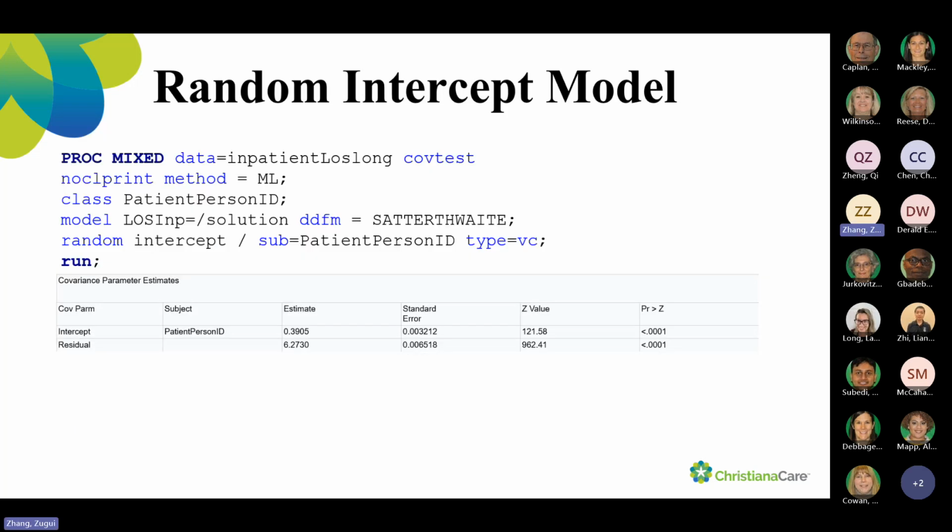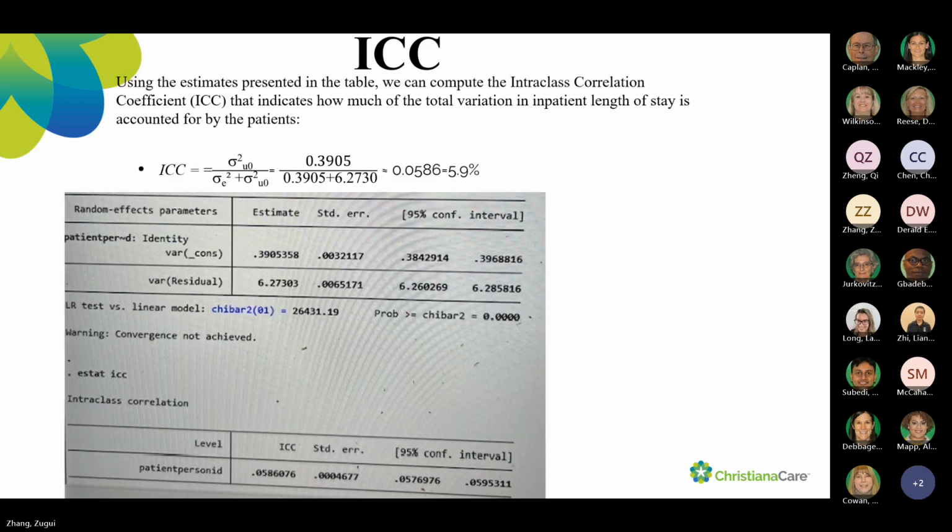And then we can run model 1 to get the random intercept model, which, as we mentioned, has no predictor. Even though this is very simple, we get a very important outcome from this multi-level analysis.